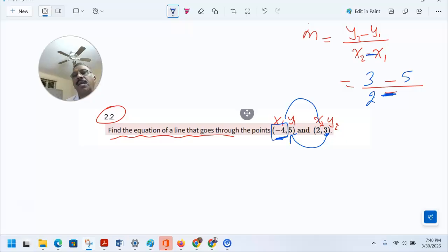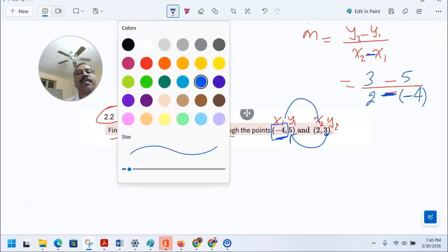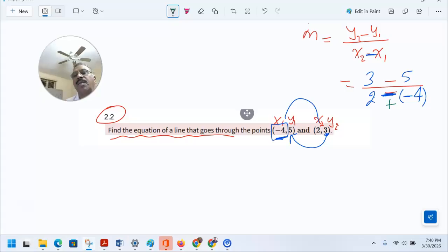There's a minus here, but your number x1 is -4. So negative negative, two negatives, makes it positive. So this will be -2 over 6. And if you divide by 2, you get -1/3. So this is the slope.